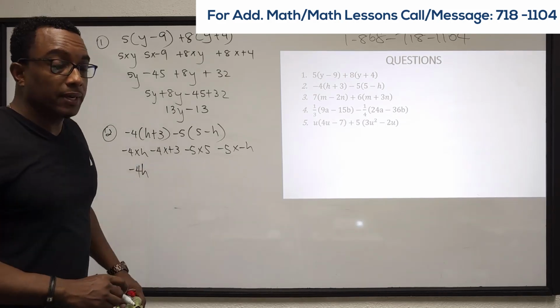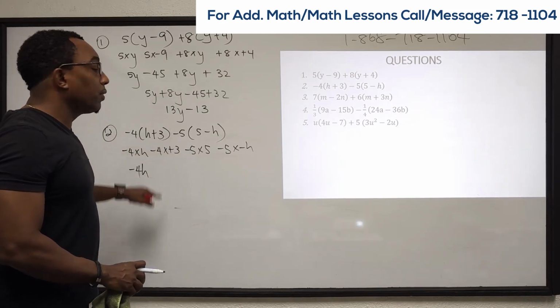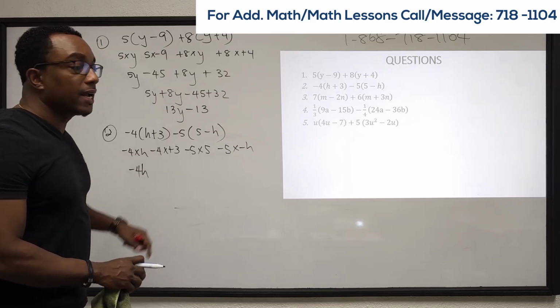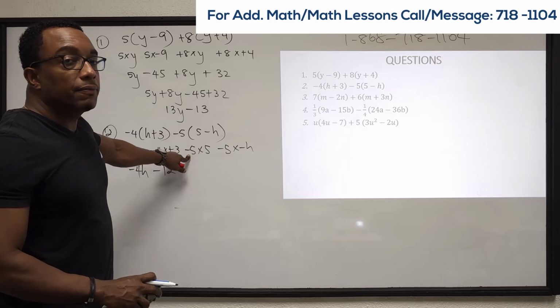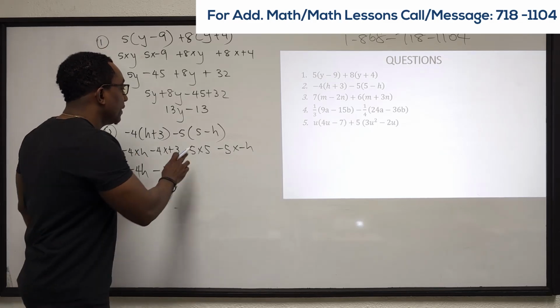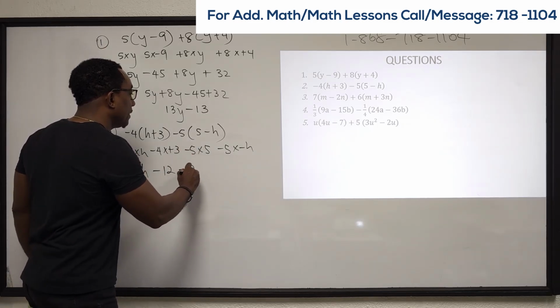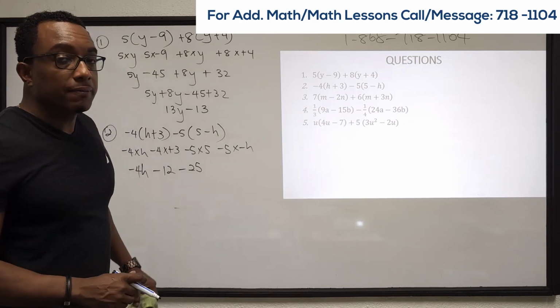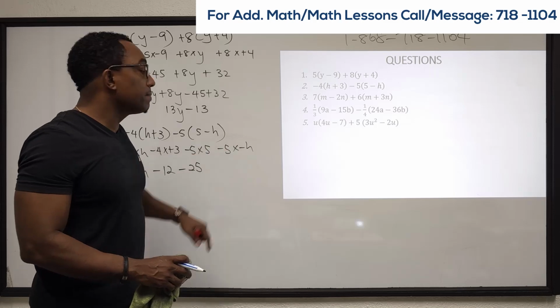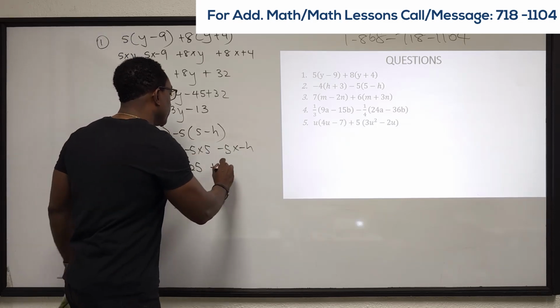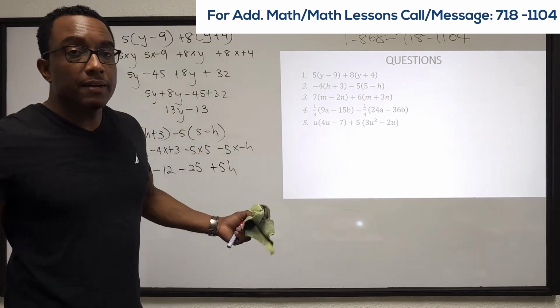So we have negative 4h. Negative 4 by positive 3, a minus by a plus is a minus, 4 by 3 is 12. Negative 5 by positive 5, a minus by a plus is a minus, 5 5s are 25. And negative 5 by negative h, a minus by a minus is a plus, 5 by h is 5h.